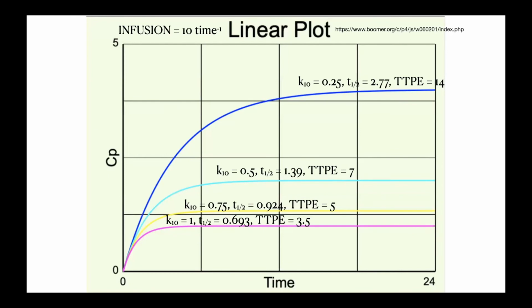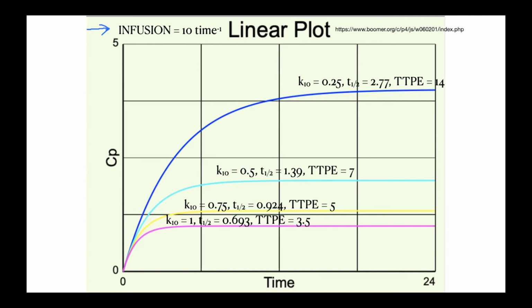And this is a really good site to play around with different pharmacokinetic variables. This is for plasma concentration, and the components are, I have an infusion running at 10 units per unit time. The time here is arbitrary, so it's 0 to 24, and the plasma concentration is 0 to 5.